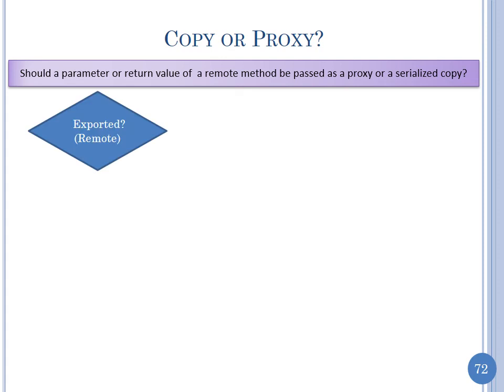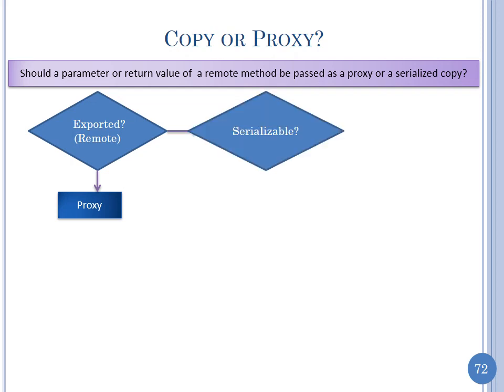So it goes and says, is that object an exported remote object? Okay, it does that check. If it is, it sends a proxy. If there's an exported object, there's some local table in that process that has an association between the object and the proxy and vice versa. So it says, okay, let me look up the proxy for this object and send the proxy.